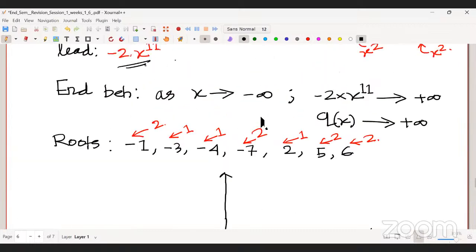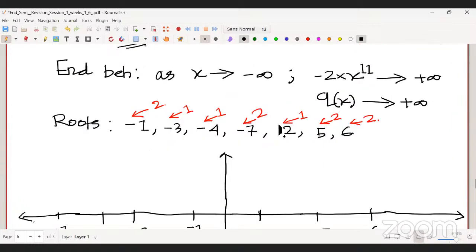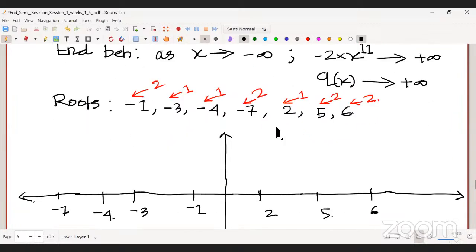We have computed the end behavior of this polynomial on this side. So let me start with the left hand side.